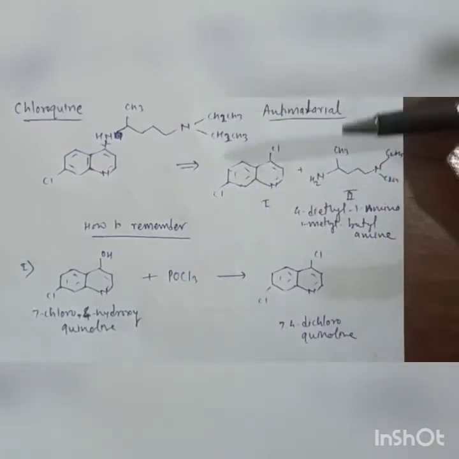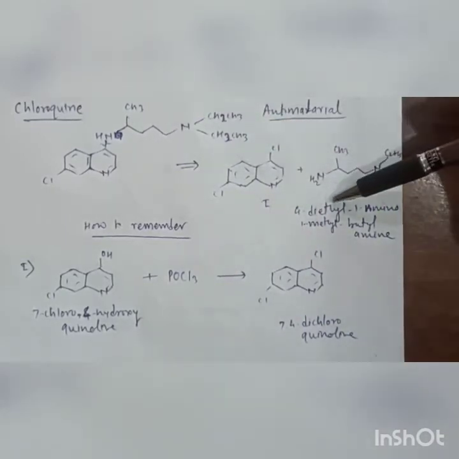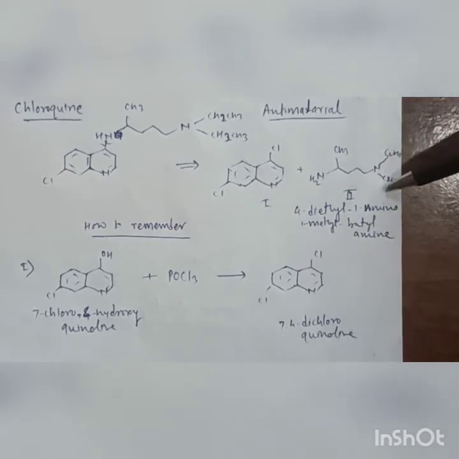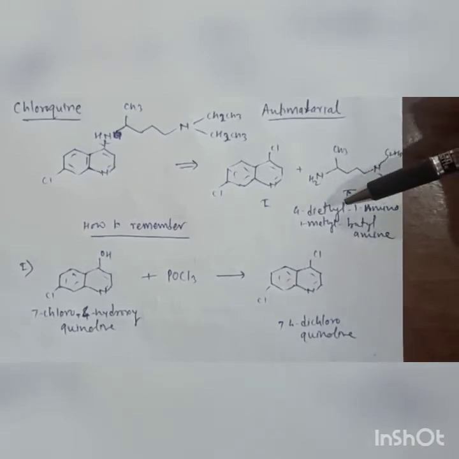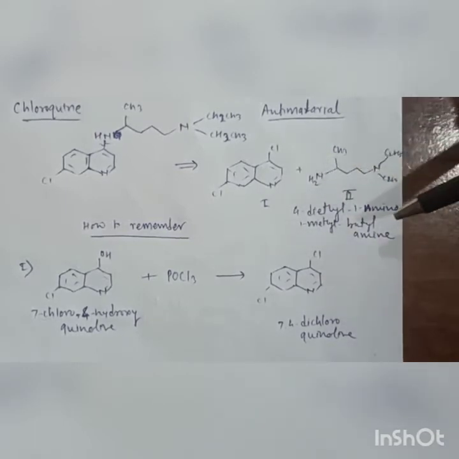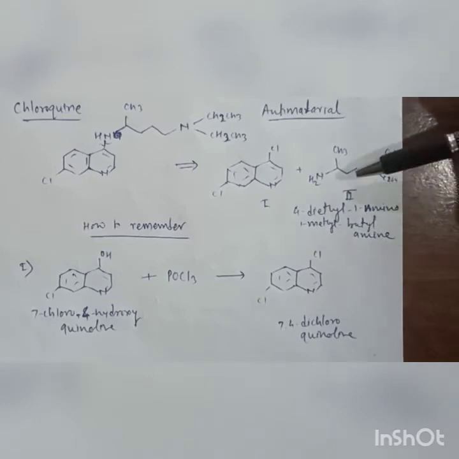It will be 4-diethyl 1-amino, or you can write it as 4-N,N-dimethyl 1-amino 1-methyl butylamine. This is one of the precursors.